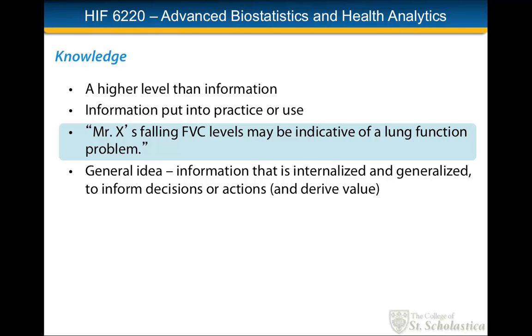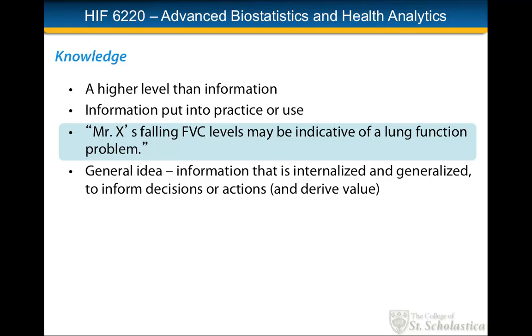Then we think about knowledge, which is really the higher level or the aggregation of information. That's where we think about information put into practice or into use. Information is internalized, it's generalized, it impacts decisions and actions in deriving value. In this example then, we may look at 4.21 liters, understand it relates to falling FVC levels, and then we may apply knowledge that says, when that's happening, it may suggest a lung function problem.